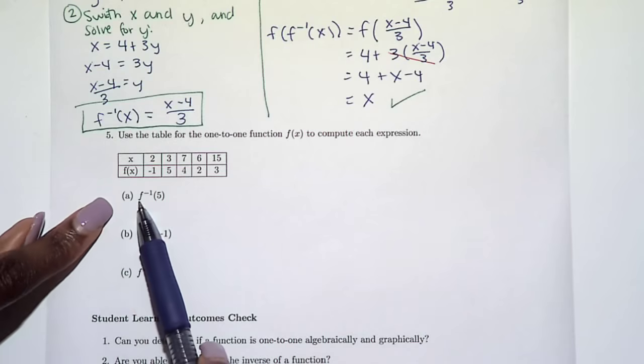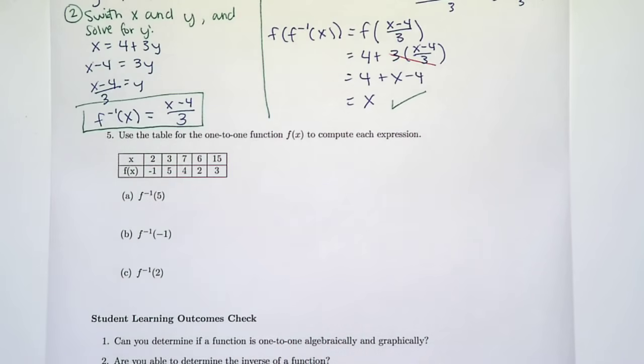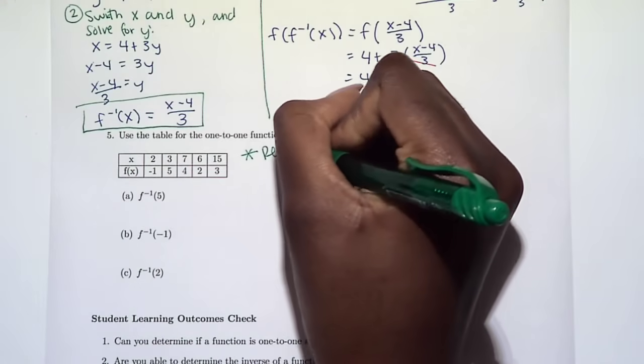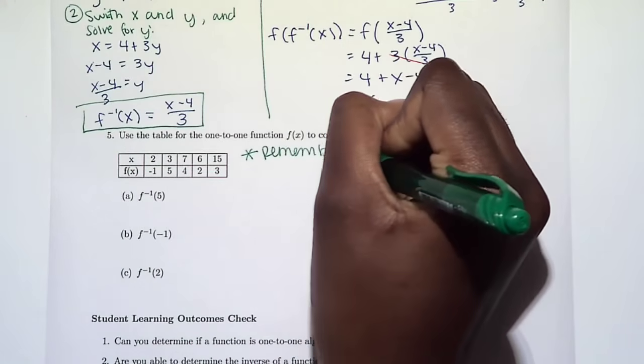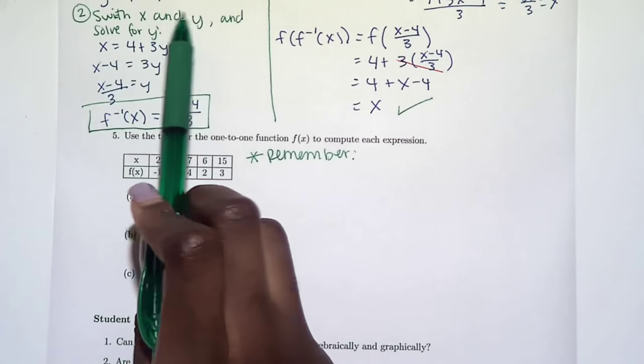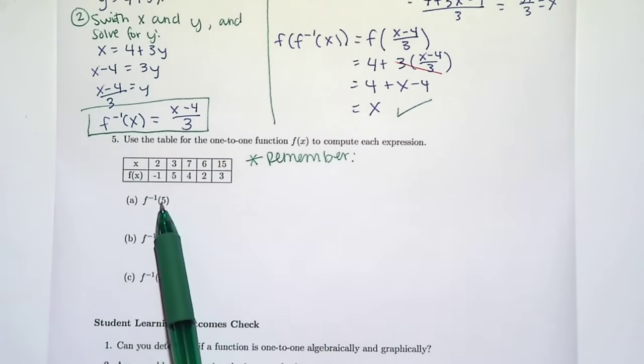And so we want to figure out f inverse of 5. So one thing I want us to remember is, how do we go and find inverse functions? We switch x and y. So this thing in here, this 5, is not an x value.